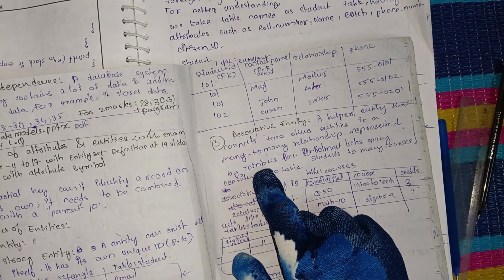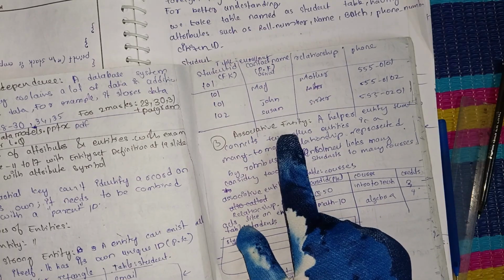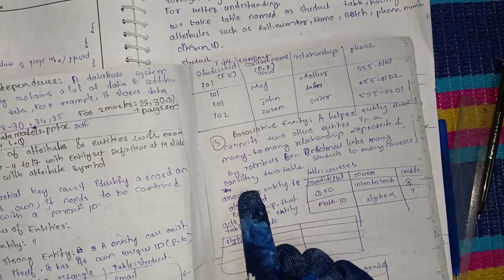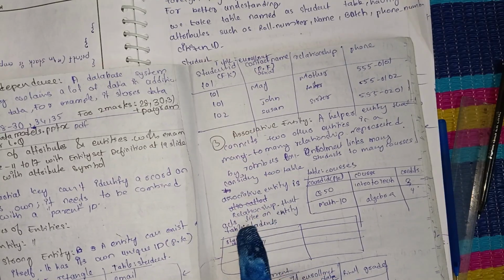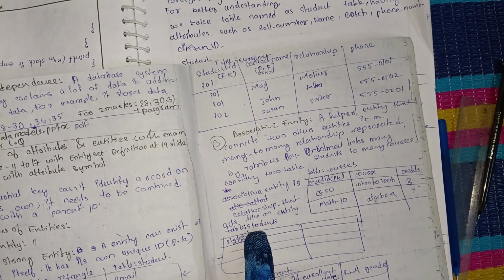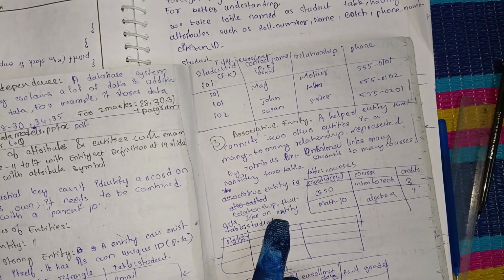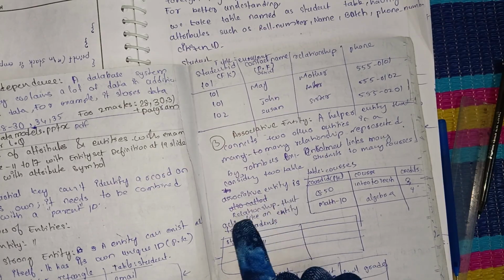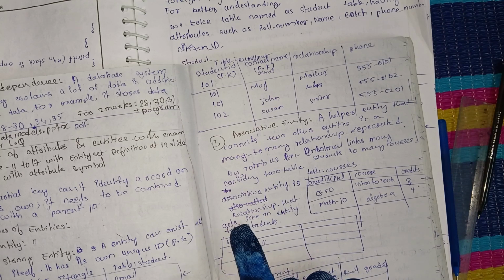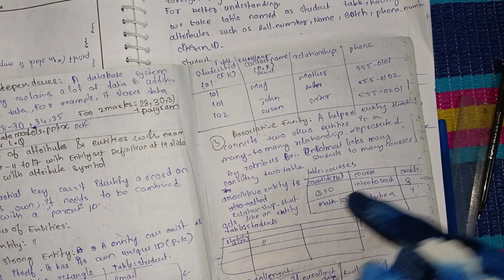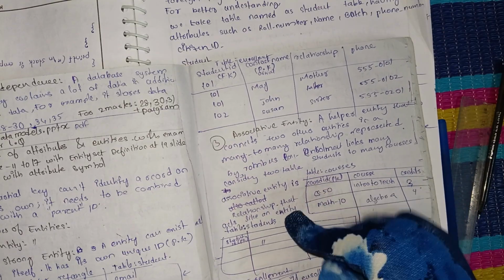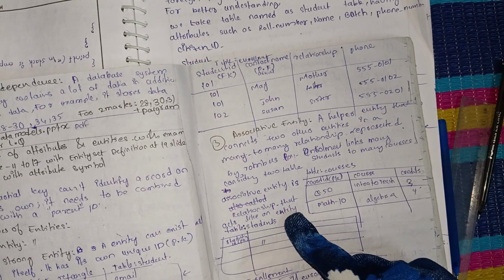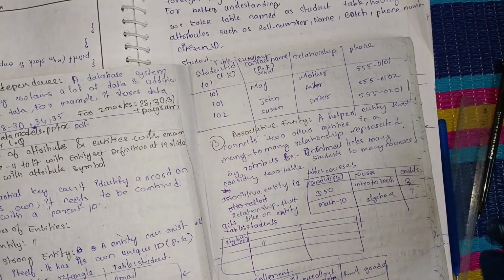So what's the relation between relationship and associative entity? An associative entity is a relationship that acts like an entity. Here the relationship is acting as an entity, which is called associative entity.